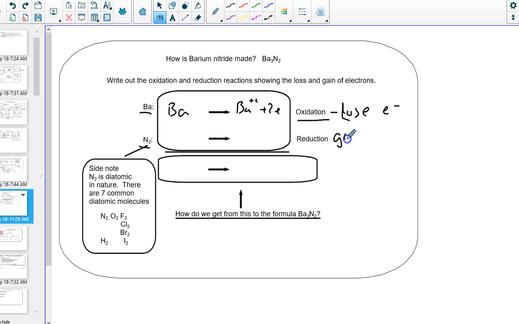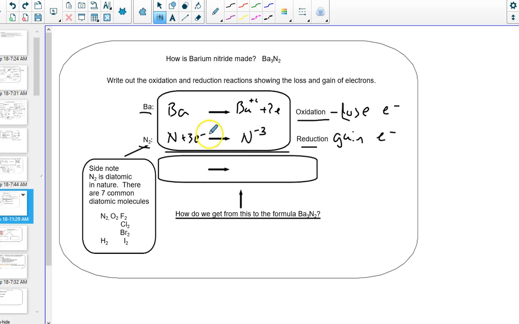If you gain electrons, which is what this guy's going to do, then we call it reduction. It's weird, I know, but nitrogen, in this case, you can keep it N2 if you'd like, or just plain N, depends on how complicated you want to make it, will form N-3, that's the standard charge of these guys, so I'll have to add 3 electrons.